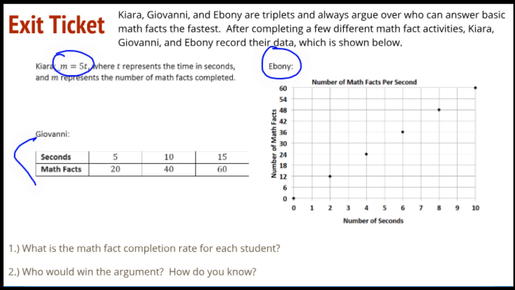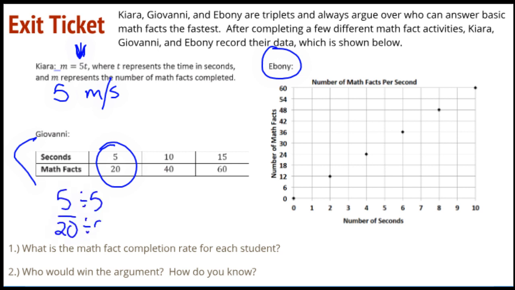And we really tried to emphasize last time when we looked at the equations that right here we have our unit rate. So it's 5 math facts per second. And if I simplify this down by scaling both of them down, dividing by 5, I find that I've got 4 math facts per second.